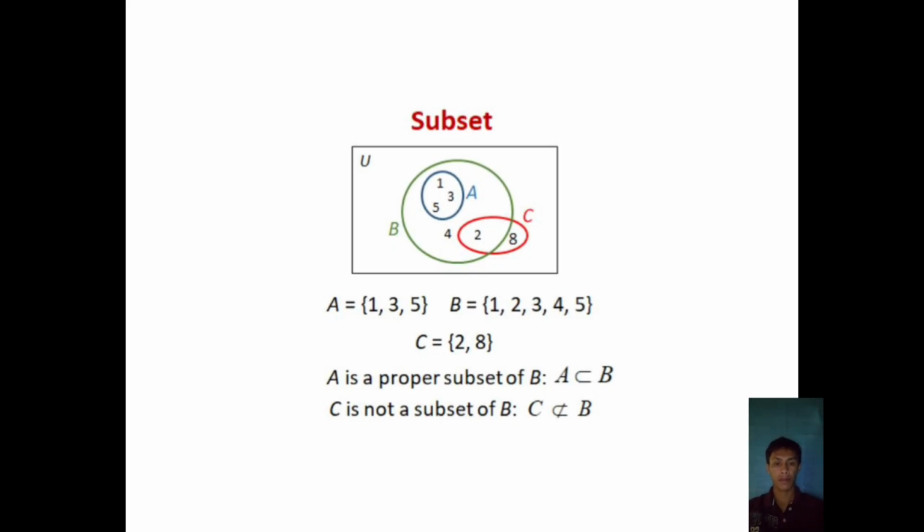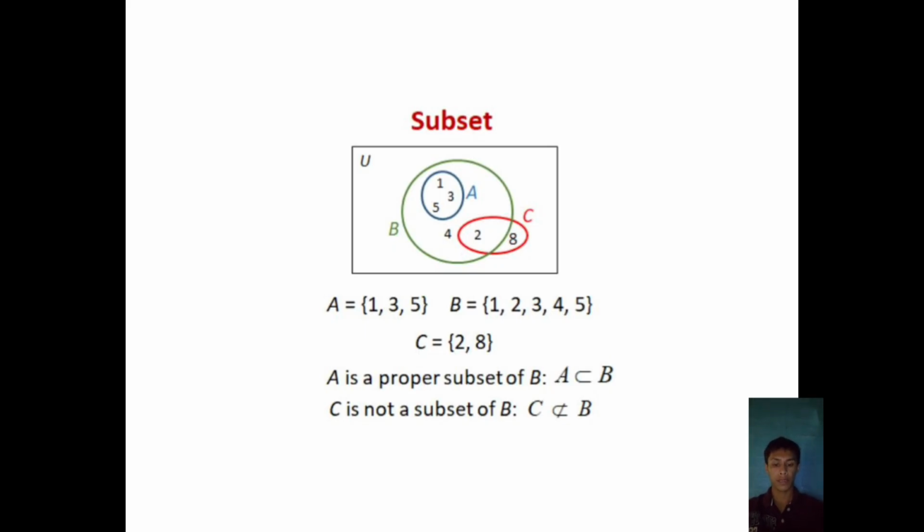For our set A, the blue circle, we have the elements 1, 3, and 5. And for our set C, we have the elements 2 and 8. So we can conclude that A is a proper subset of B by the given definition.